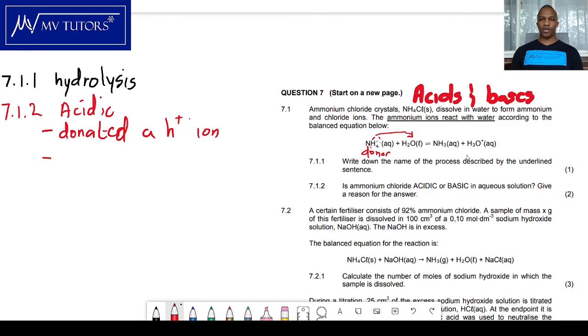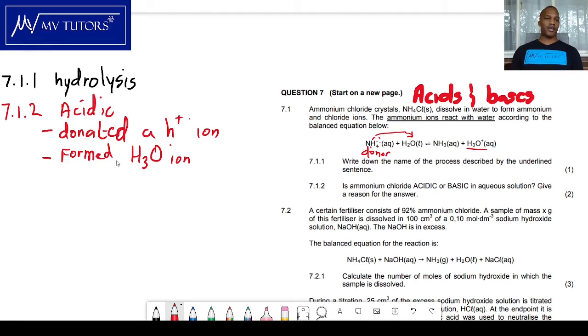When you added water during hydrolysis, it formed H3O. So because it formed H3O, that means it's an acid. Okay, so it formed H3O ions. So you can use either reason. Both of them are correct.